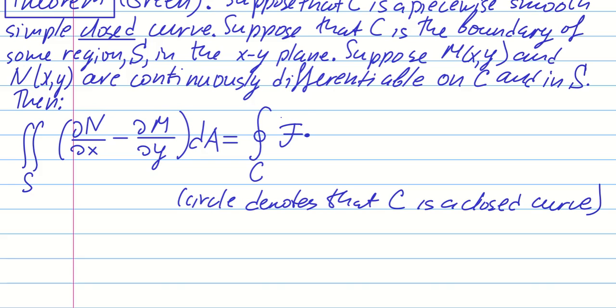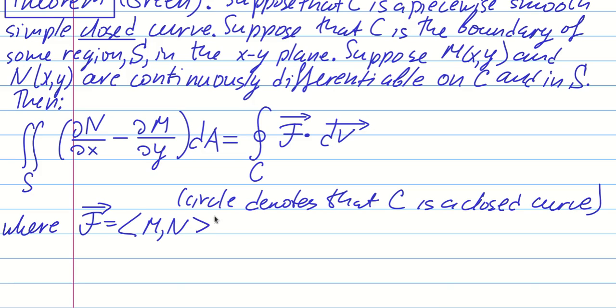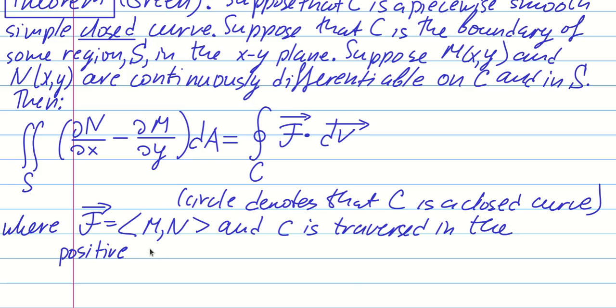That's all it denotes. F dot dr, sorry, F dot dr, where F is equal to M, N, and C is traversed in the positive sense, and positive sense just means counterclockwise.